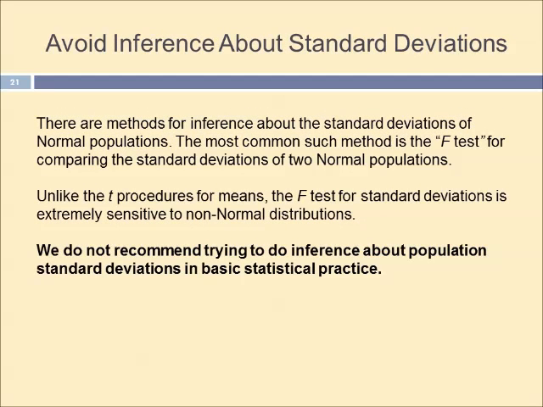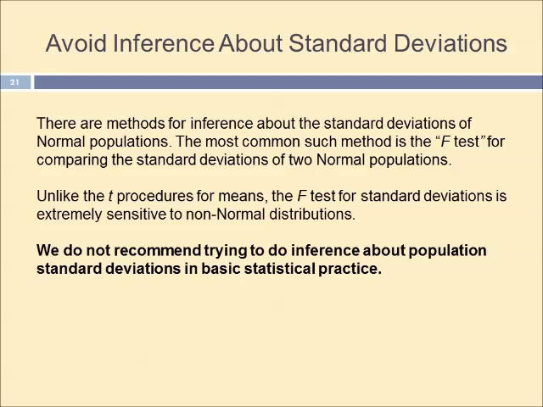Talking about standard deviations, there is also a method for inference about the standard deviations of normal populations. For example, are the two populations equal with their standard deviations? And if so, then we could probably use the equal variances, right?